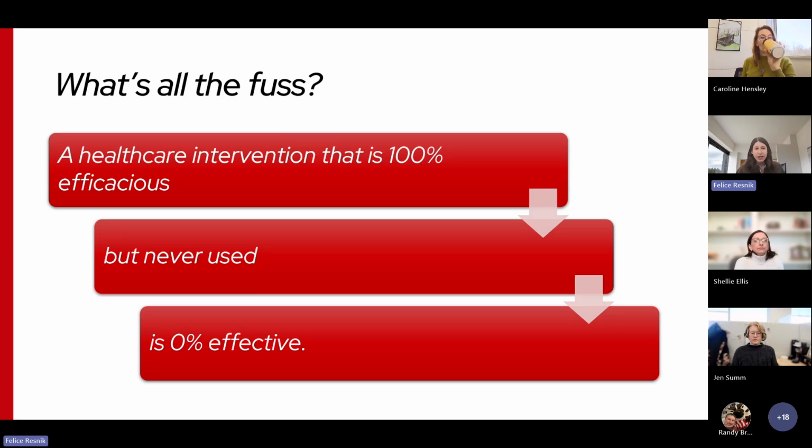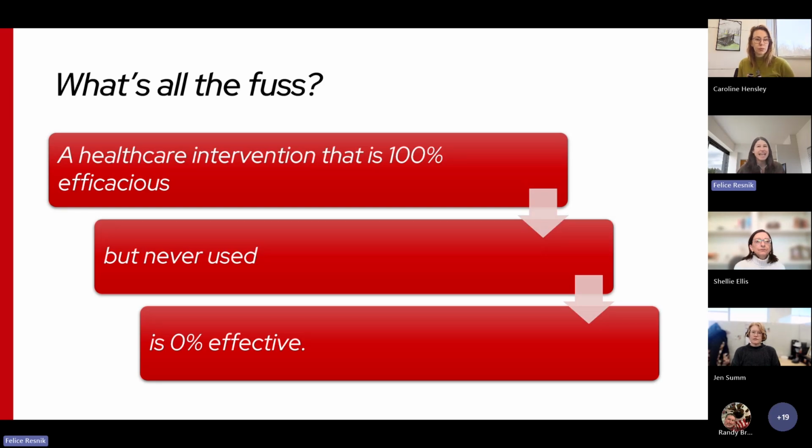Even though in theory they should be 100% efficacious, when actually used in real-world practice, the falls rate was not declining. And when investigated, it was found that there was a lot of alarm fatigue for staff and a disruption for patients, so they were just turning off the bed alarms. So even though this was a well-designed, efficacious intervention, when never used, it was 0% effective in reducing those falls.